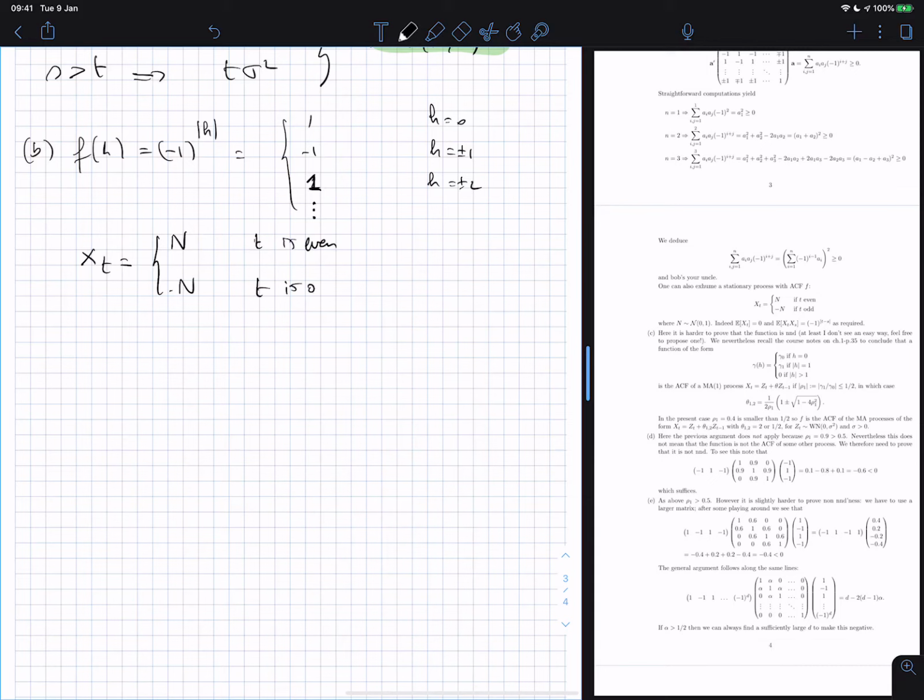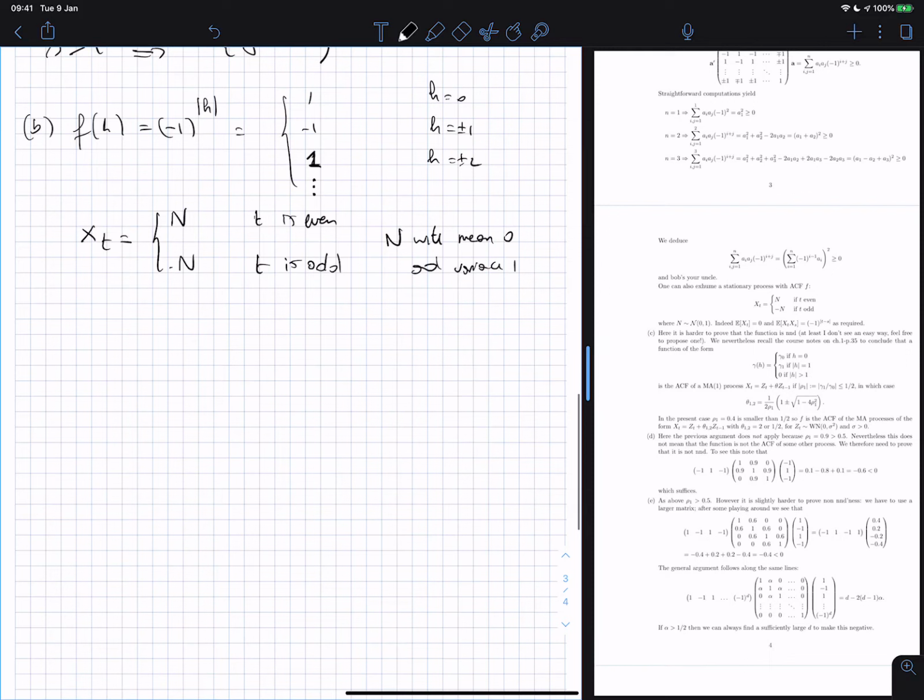I take any random variable with mean 0 and variance 1.